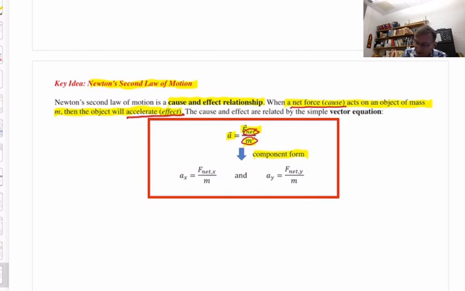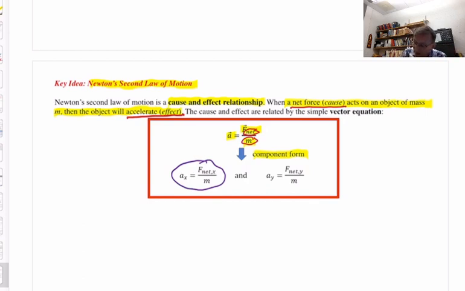For x components, we have the expression here on the left. The x acceleration of a particle is given by the net of the x forces divided by the mass. You have to add up all the x forces only, then divide by the mass, and you'll get the x acceleration. You cannot include y forces when you're trying to find the x acceleration.